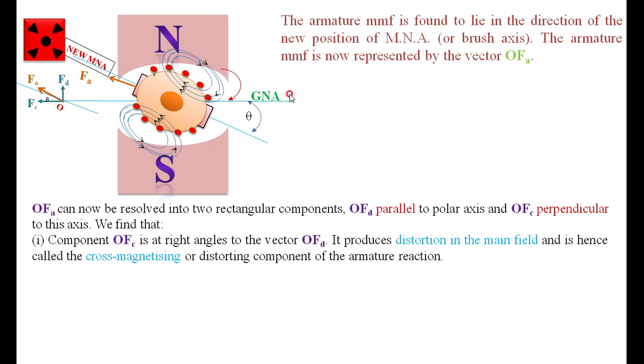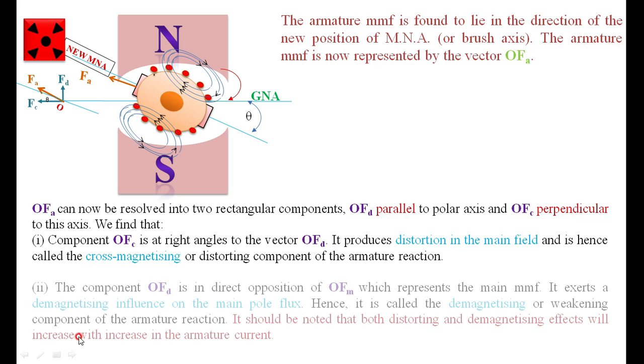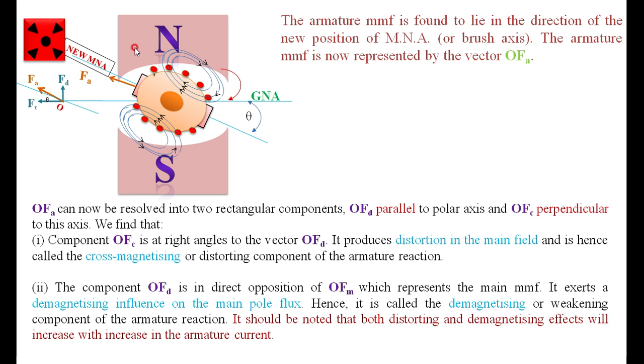OFC is making this distortion because the main flux is acting in this direction, and FC is in this direction, therefore it is distorting. The main flux is downwards, and FD is exactly opposite to the main flux. Therefore FD is called the demagnetizing component.